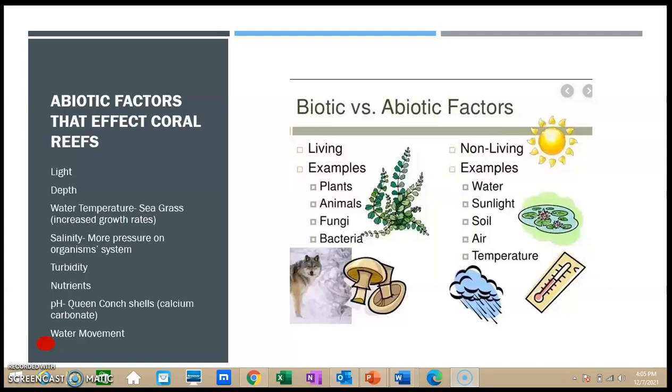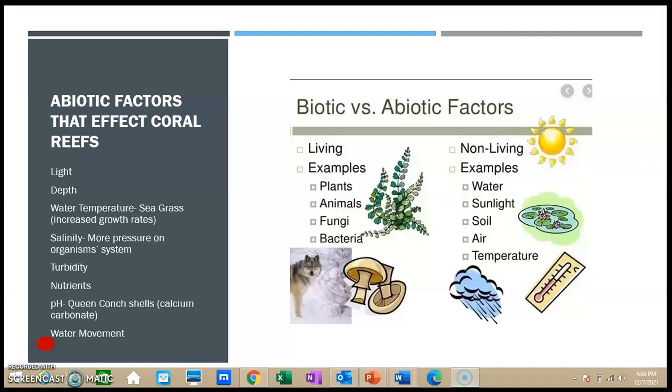Corals need clear water so the light can penetrate through the water and allow the algae to photosynthesize. When there's high turbidity, light can't penetrate through the suspended particles. Additionally, corals can be smothered by sediments or particles that settle on top of the corals.